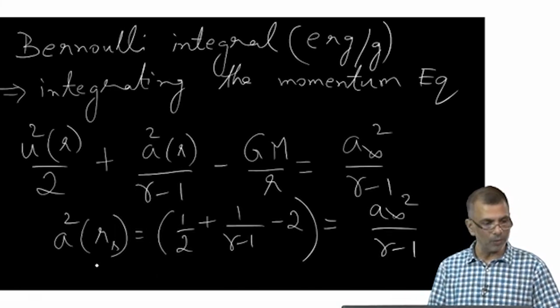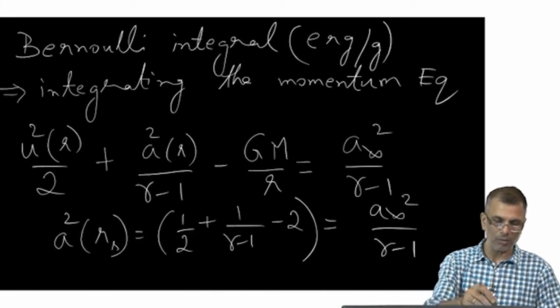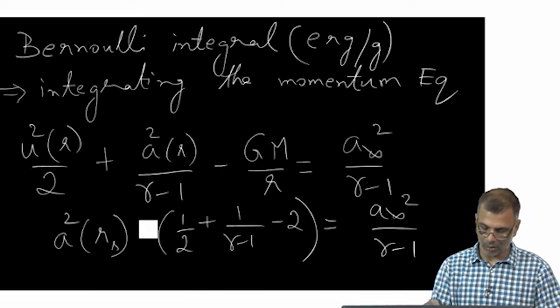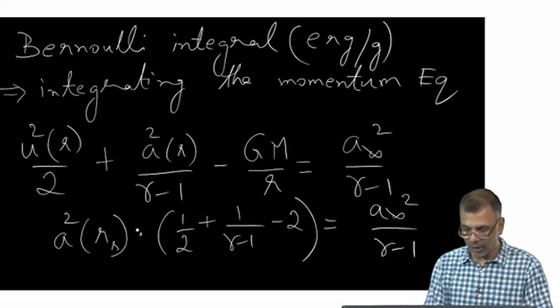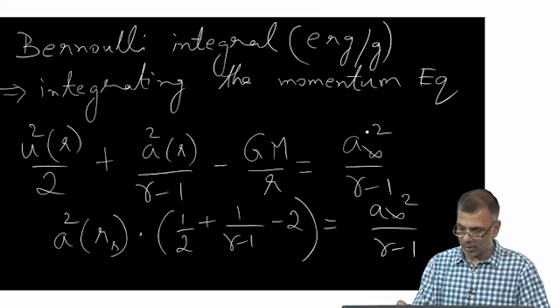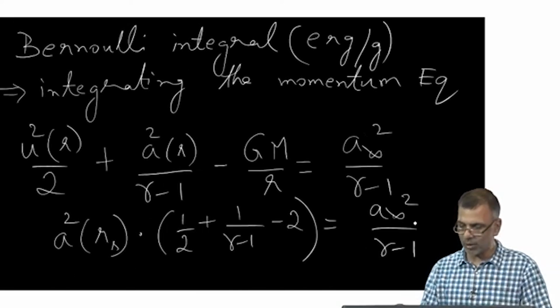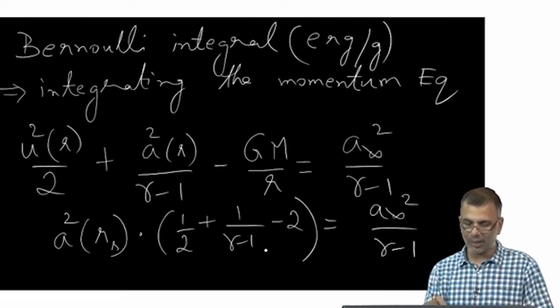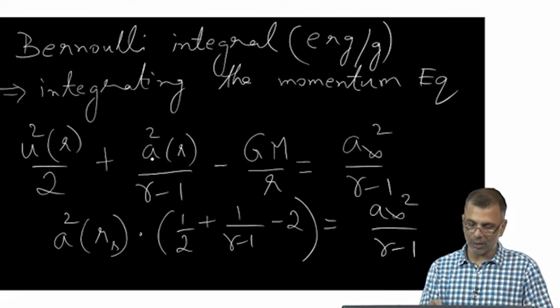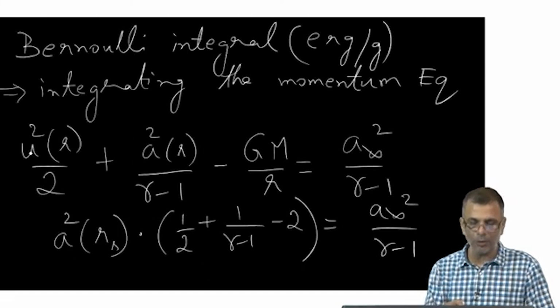Sorry, this is a multiplication. Again, this is the Bernoulli integral, and the Bernoulli integral at the sonic point is this. Why is that? Because at the sonic point, there is no need to write a separate u, because by definition u is equal to a.